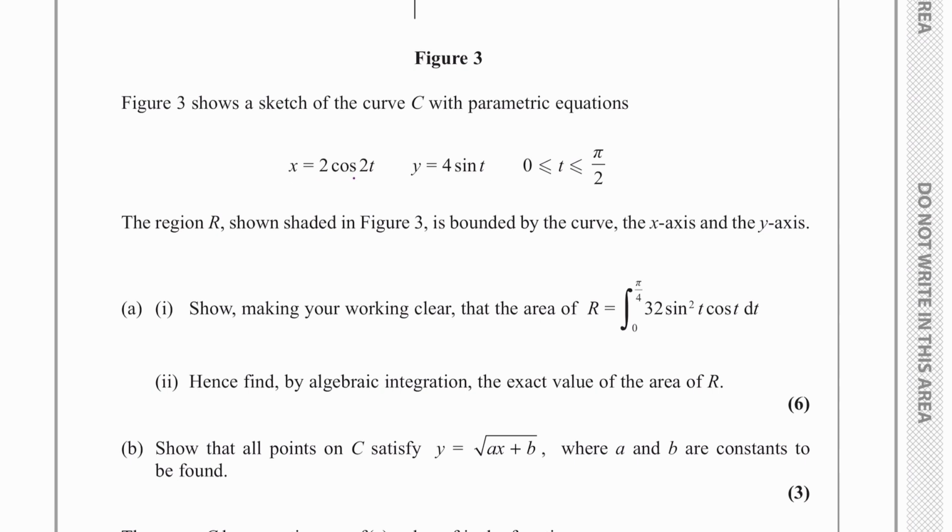When you differentiate this with respect to t, using the chain rule, we'll have 2. The derivative of cos is negative sine. We'll multiply it by the derivative of this inner function. So dx by dt will be negative 4 times the sine of 2t.